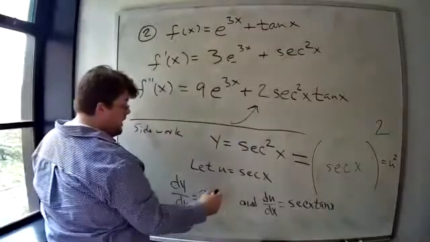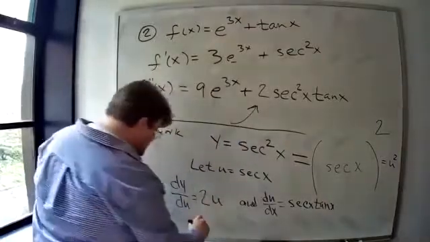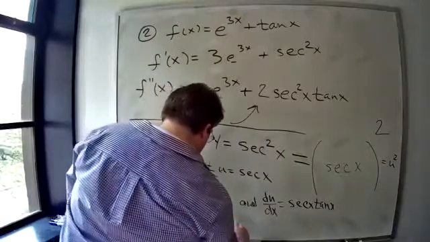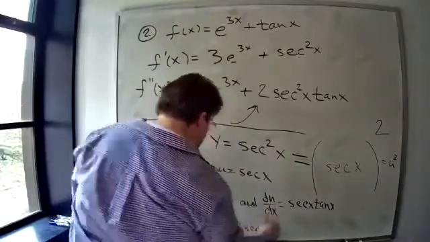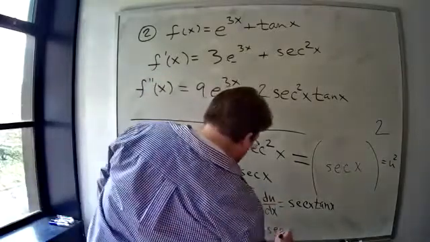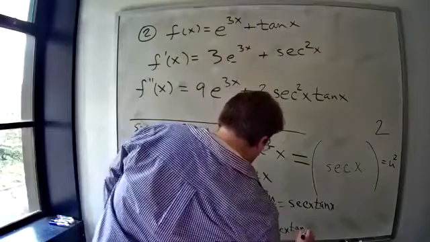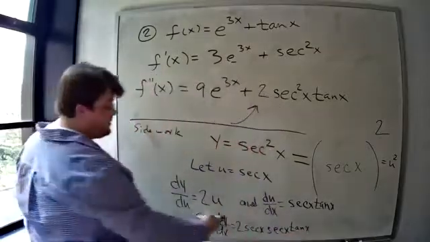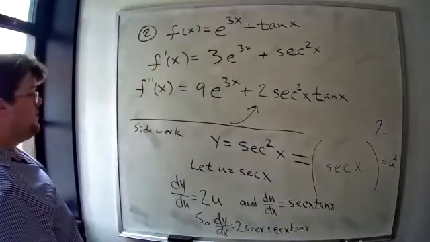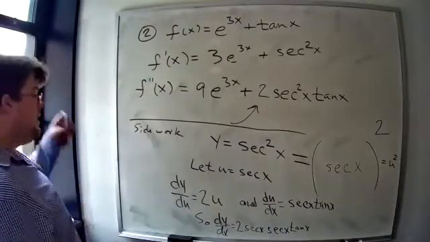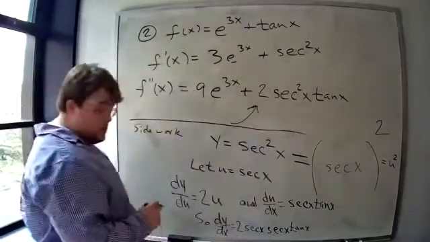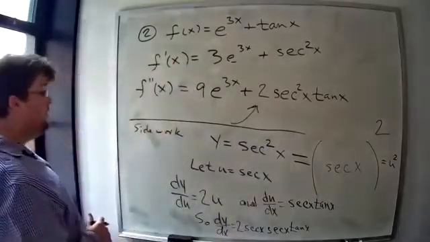So dy dx is 2 secant x times secant x tangent of x. And of course, secant times secant is equal to secant squared. So we have 2 secant squared of x times tangent x.